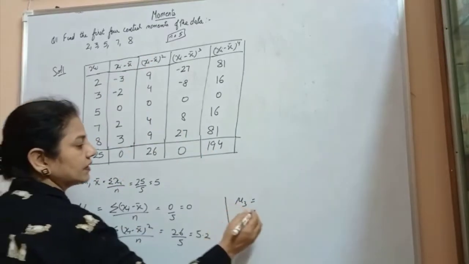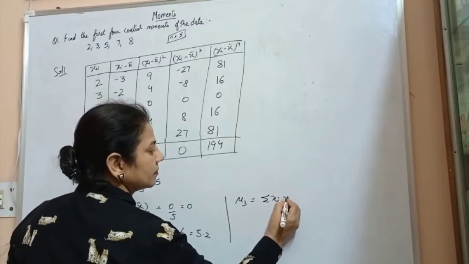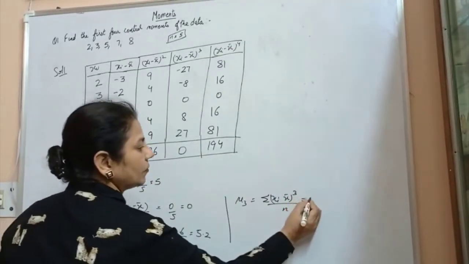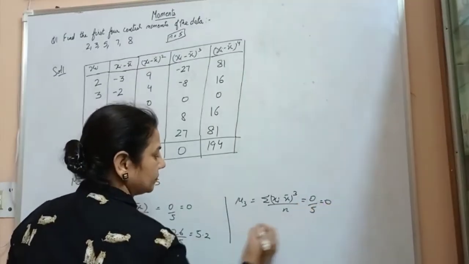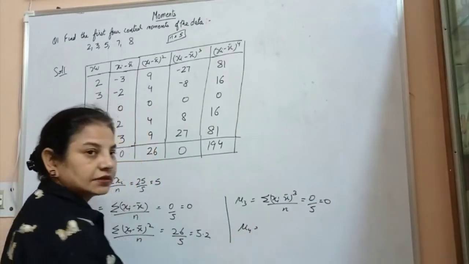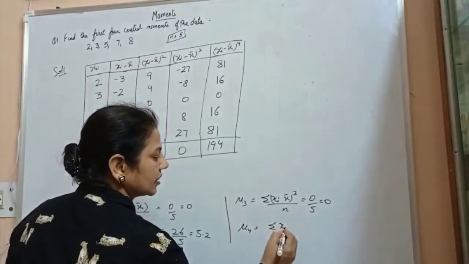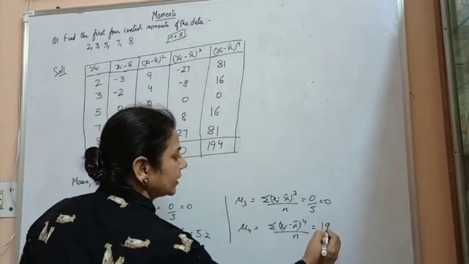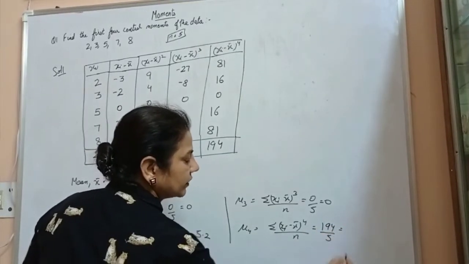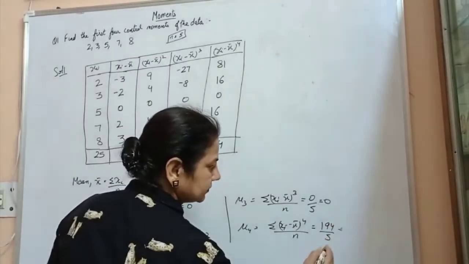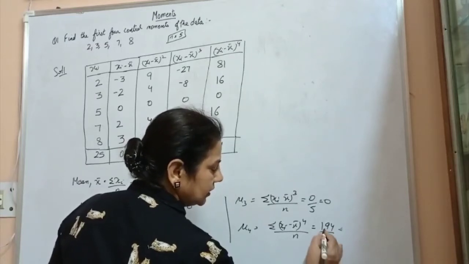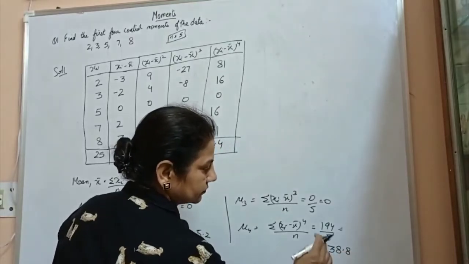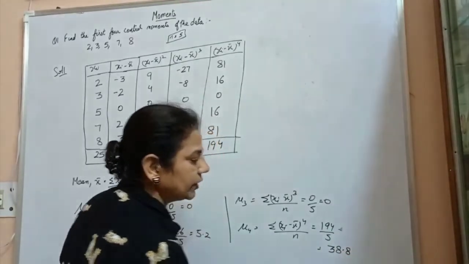Similarly, we calculate the third central moment. It gives us sigma xi minus x bar whole cube divided by n, which is equal to 0 upon 5, 0. And the fourth central moment is sigma xi minus x bar whole to the power 4 upon n, 194 divided by 5, which gives us 38.8.